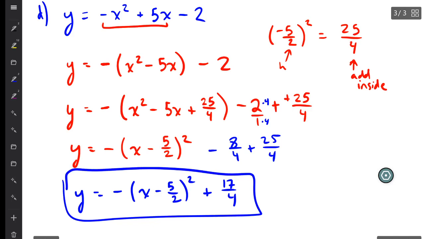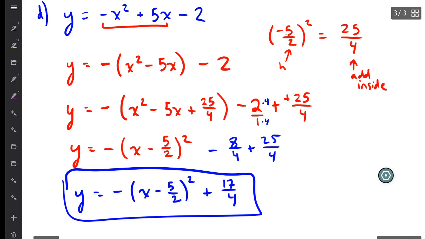So this one was definitely the trickiest, partially because of the negative sign, but partially just because we had this fraction. And so it made it a little bit trickier, but the steps are all the same for completing the square. We're going to factor out the a term from our first two parts. So I get negative parentheses x squared minus 5x. We're going to take this number with the x, the b term, and we're going to divide it by 2 and then square it.